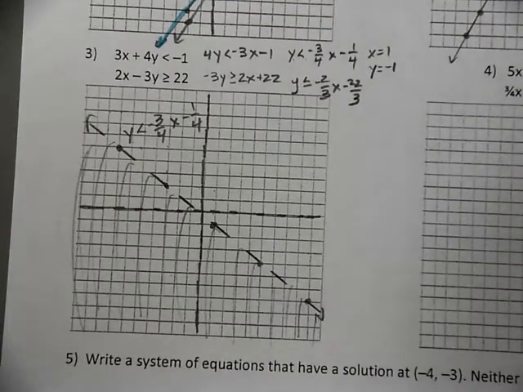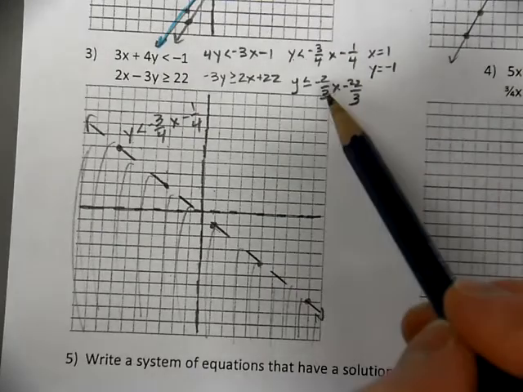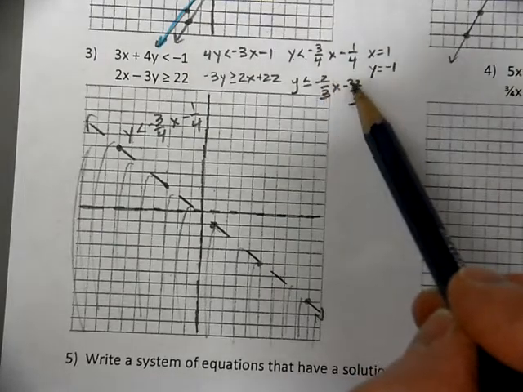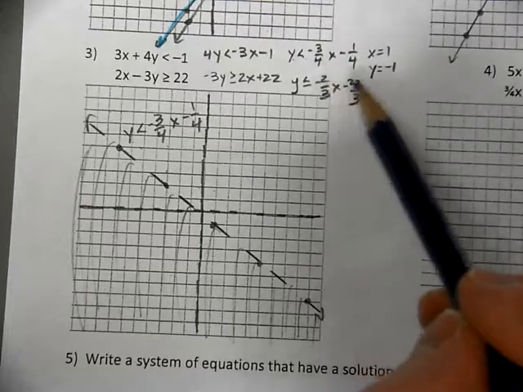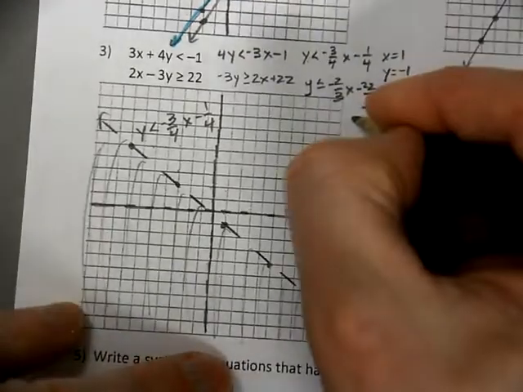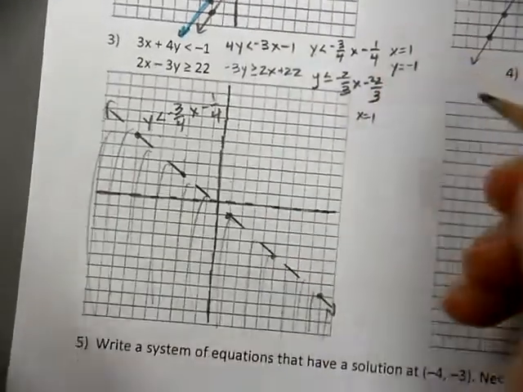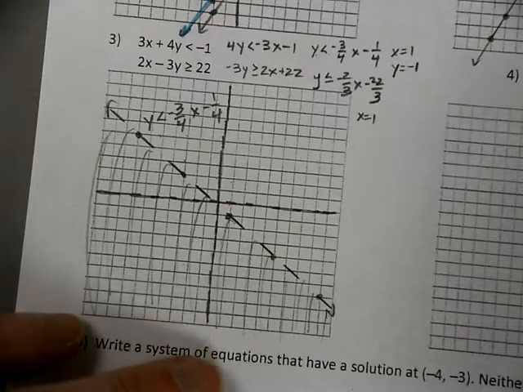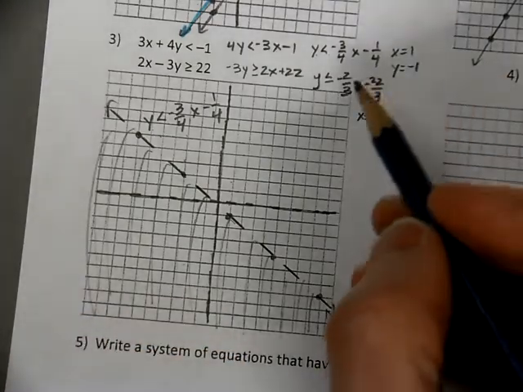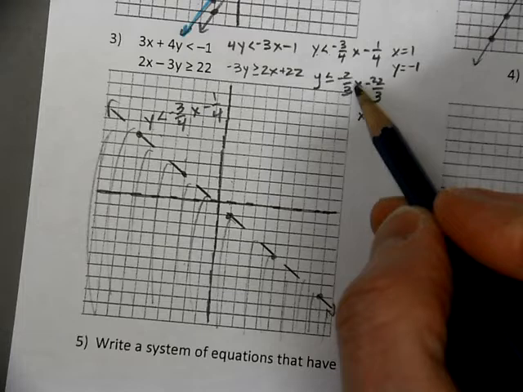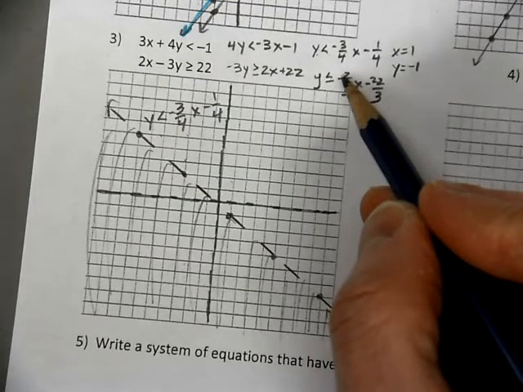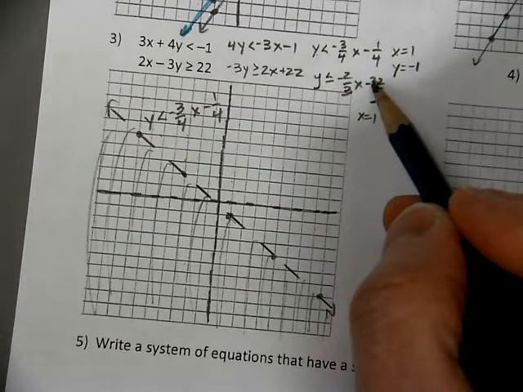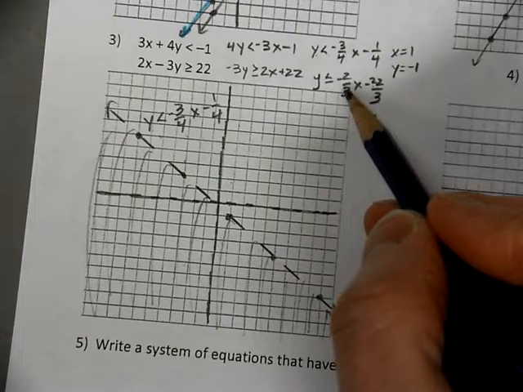Even though we might feel like we can get close, we want to pick a point that is going to be good. If you look here, 2 and 22 make 24. So it looks like if I try x equals 1, I'm going to get a value that works pretty well. When x is 1, I'm getting negative 24 divided by 3, which is negative 8.